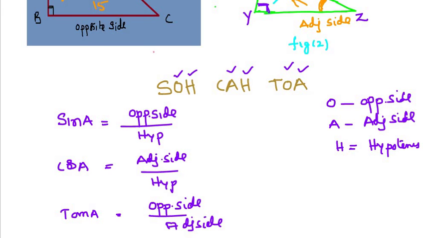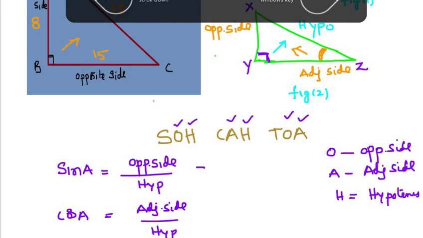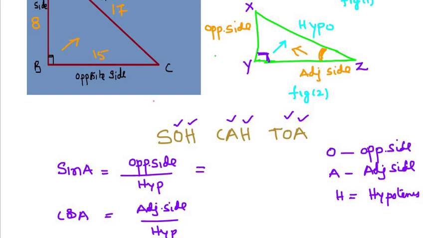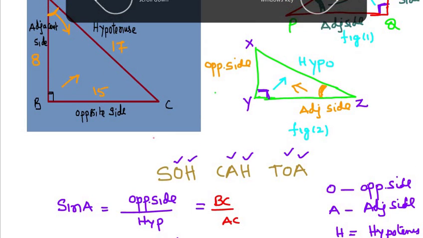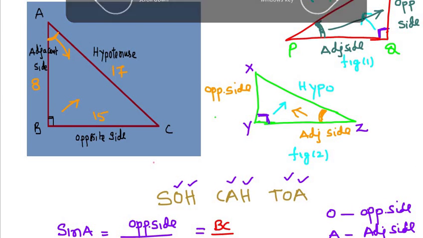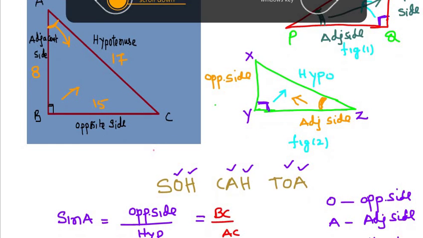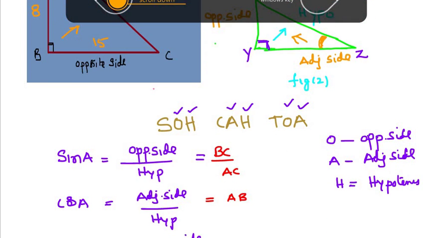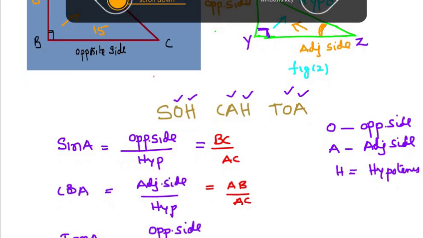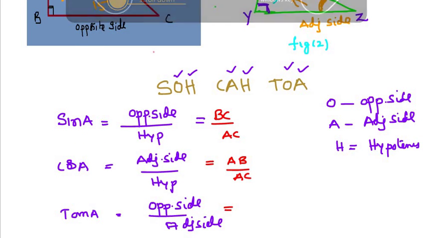From the figure, the opposite side is BC, the hypotenuse is AC, and the adjacent side is AB. You can clearly see that AB is the adjacent side from the figure on the extreme left.